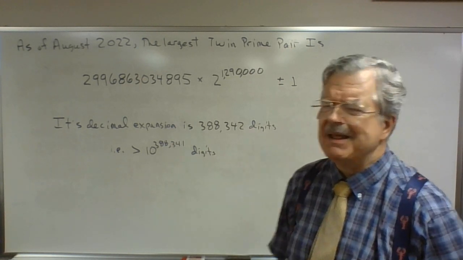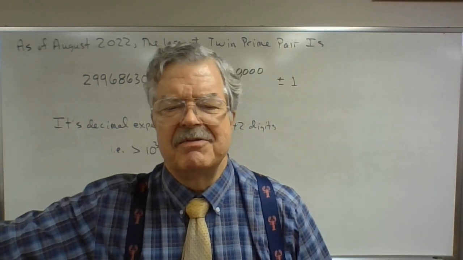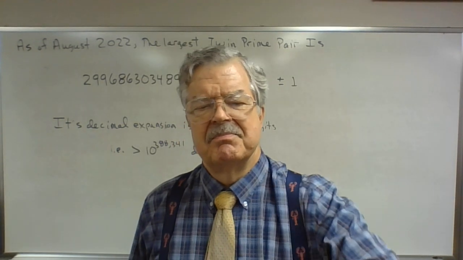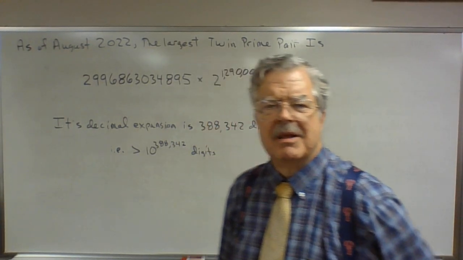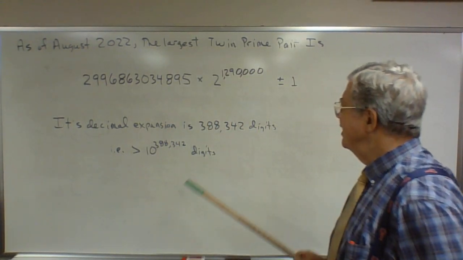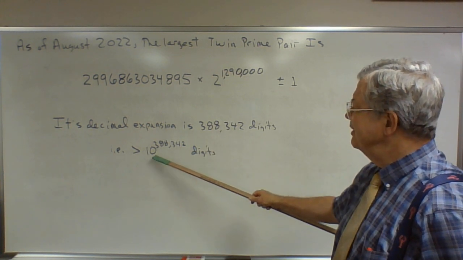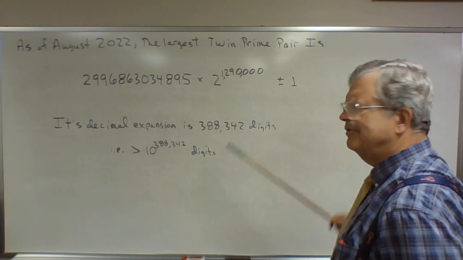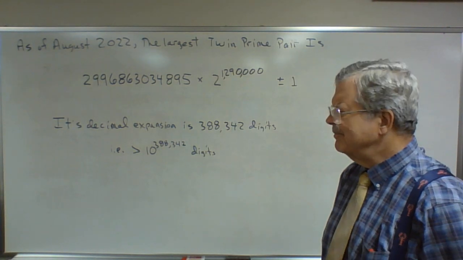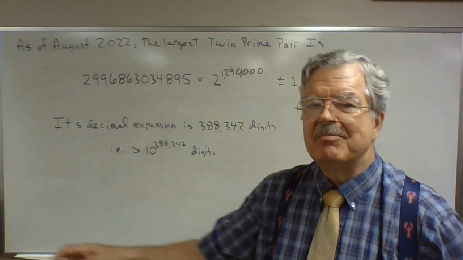How do we put that in perspective? Let me correct this. The number has this many digits, so it's greater than or equal to 10 to the power of this number. But again, let me put this in perspective.